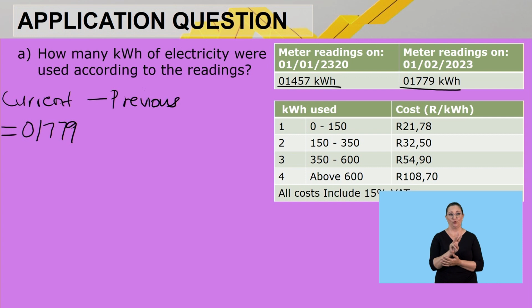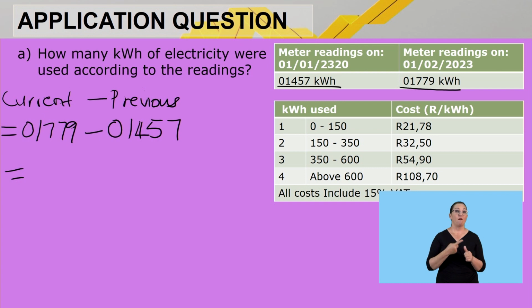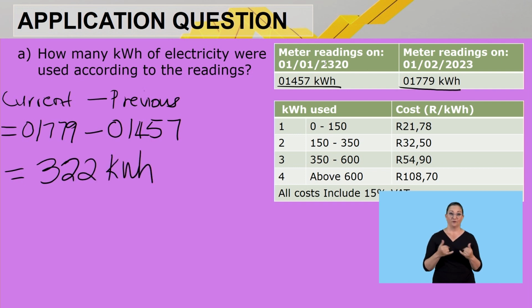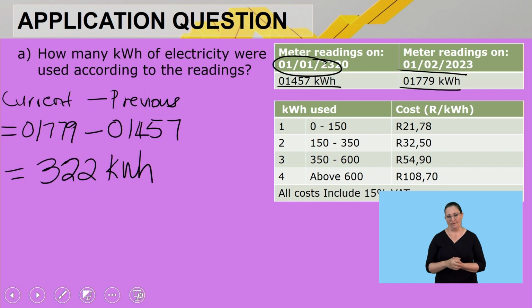So the current reading is 01779 kilowatts minus the previous reading would be 01457 kilowatts. So now this will give you the meter readings of 322 kilowatts, meaning from this date up to this date, this household has used 322 kilowatts.